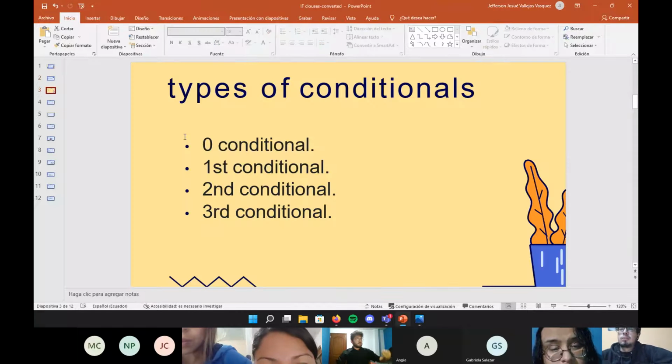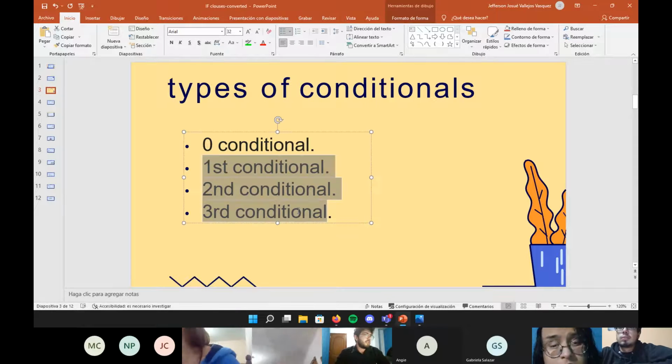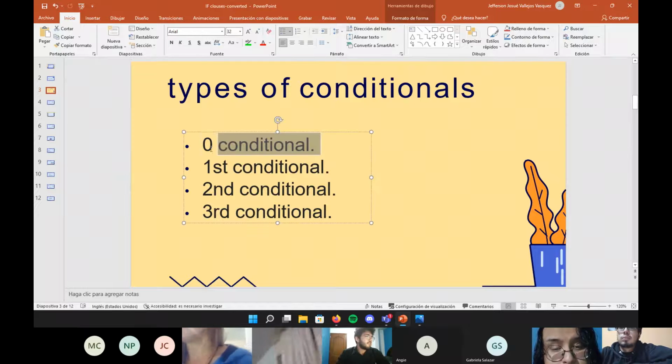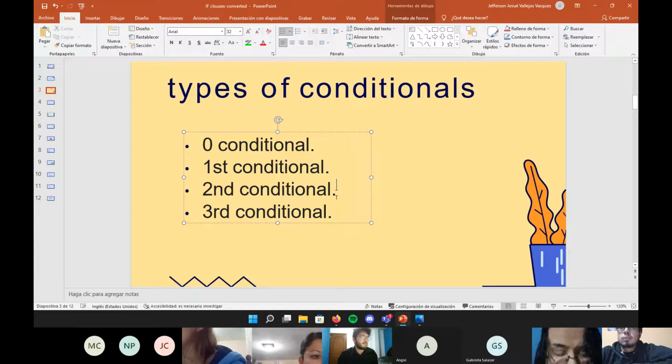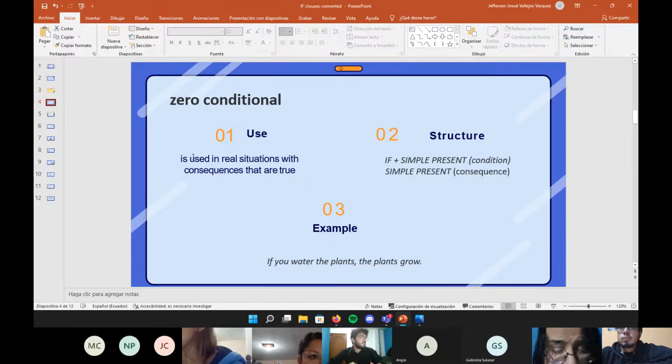In this case, the types of conditionals are 3, right? But we have first the 0 conditional, okay? We have 3 conditionals, but with the 0 conditional, we may have 4 conditionals. Let's see the 0 conditional and its use.